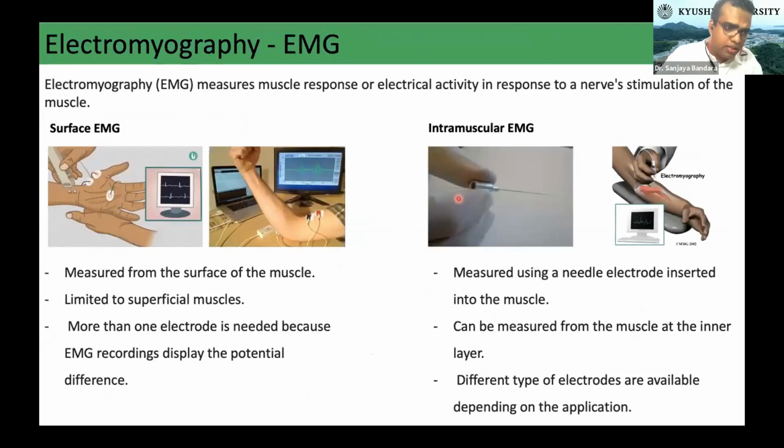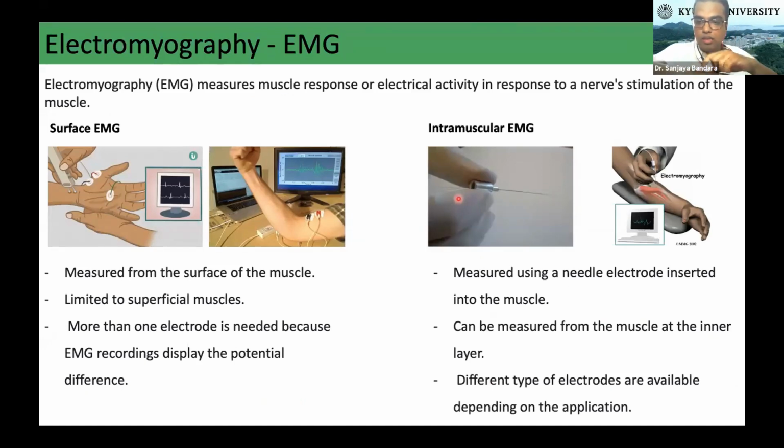So electromyography measures the muscle response, or the electrical activity, in response to a nerve's stimulation of the muscle. There are two types: surface EMG and intramuscular EMG. Surface EMG, as the name suggests, is measured from the surface of the muscle.